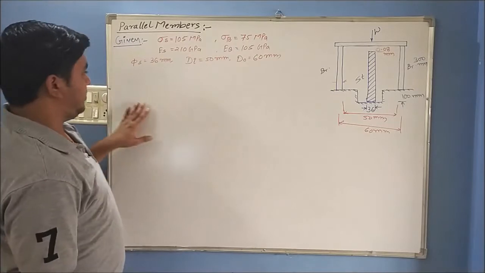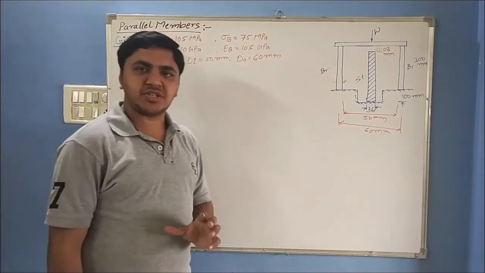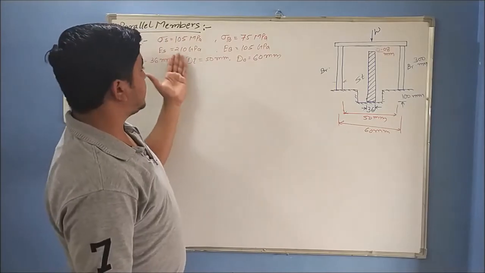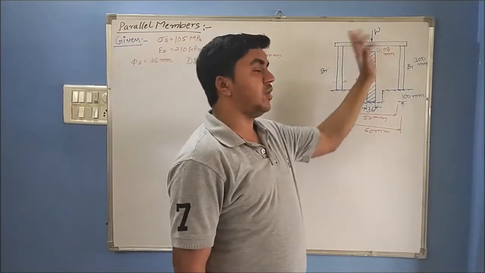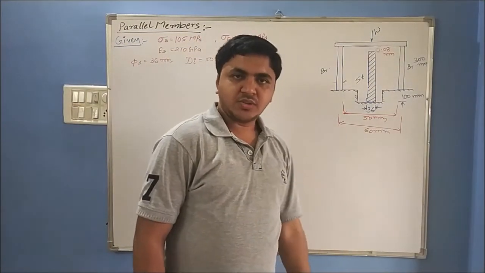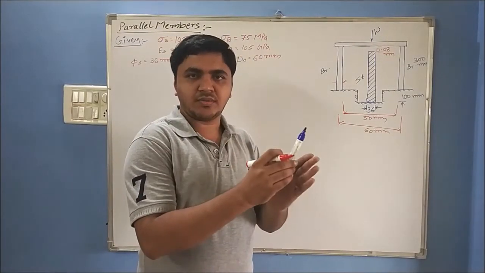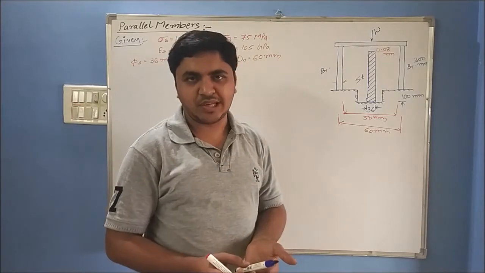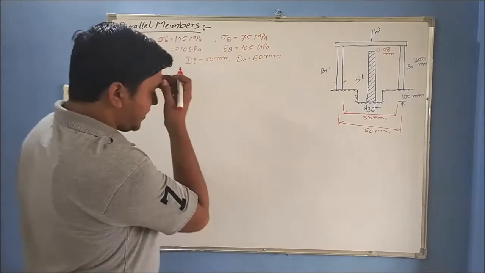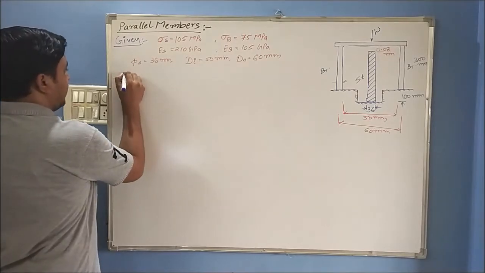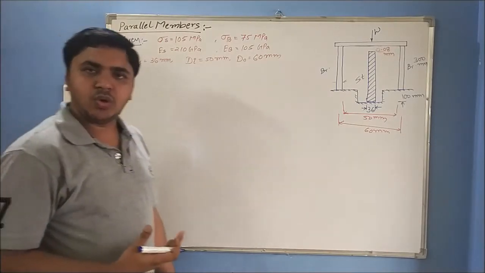So we have seen two different expressions for finding out the values of stresses. Here the value of stress is given to you, and you are supposed to find out the value of load. Based on given stress, you are supposed to design your load. You have to do your load calculation. So first thing, we always form the first equation with the help of our load sharing.